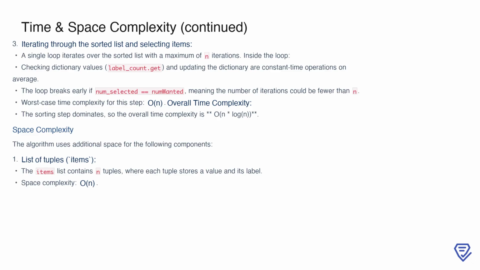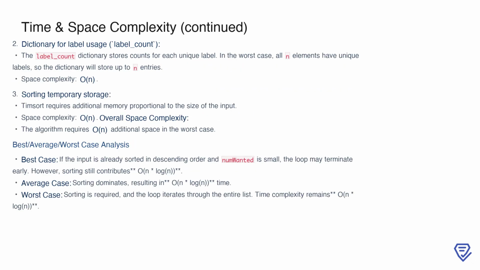Now, looking at space complexity, the algorithm creates an additional list of tuples, items, which stores n tuples. This contributes O(n) to the space complexity. Another component contributing to space complexity is the label_count dictionary. This dictionary keeps track of how many times each label has been used.